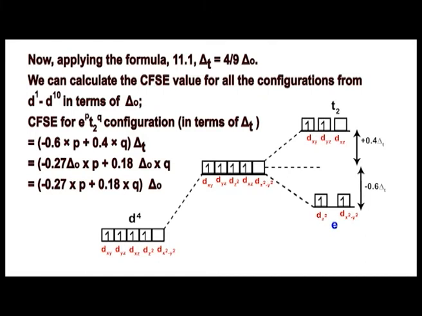CFSE for the E^p T2^q configuration in terms of delta T is equal to minus 0.6 into p plus 0.4 into q, times delta T, which becomes minus 0.27 delta O into p plus 0.18 delta O into q. Now, you can compare the value of CFSE obtained in tetrahedral arrangement of ligands with the CFSE value for electrons placed in the high spin state of octahedral environment.